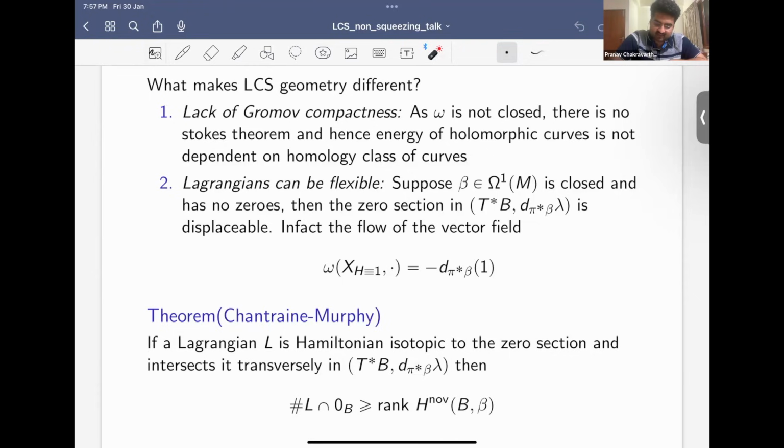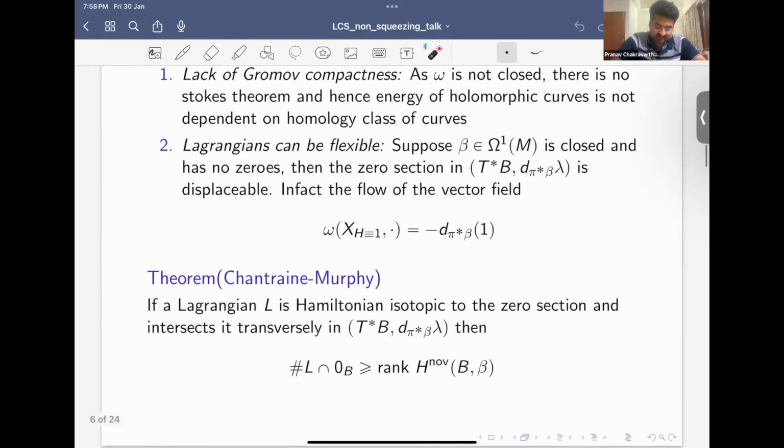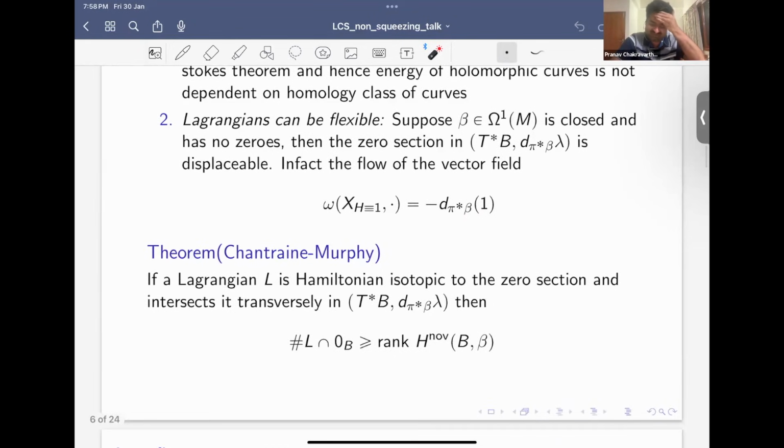So you just look at the Hamiltonian, the twisted Hamiltonian flow of the constant one function. This is basically a vector field that satisfies this identity, and the flow of this would displace the zero section completely.